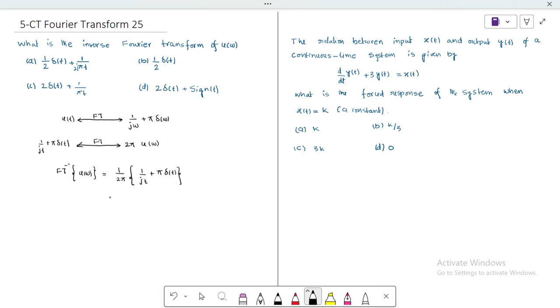So that equals 1 by 2 pi jt plus delta of t by 2. So this is the answer. So option A.